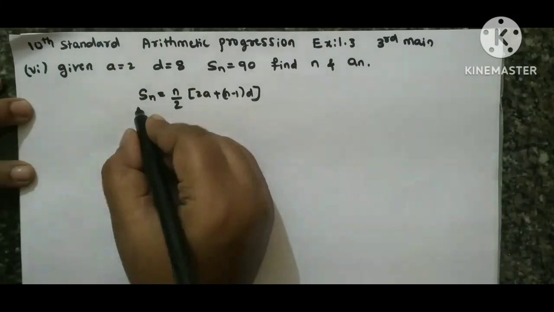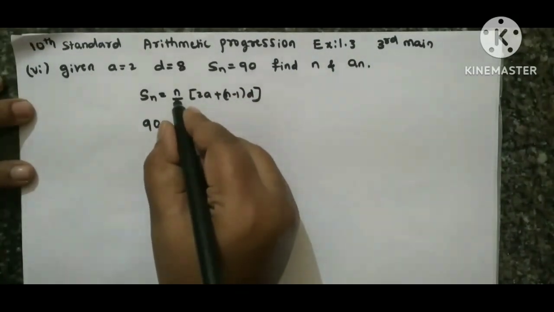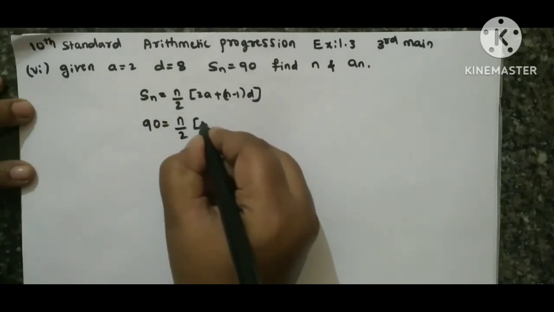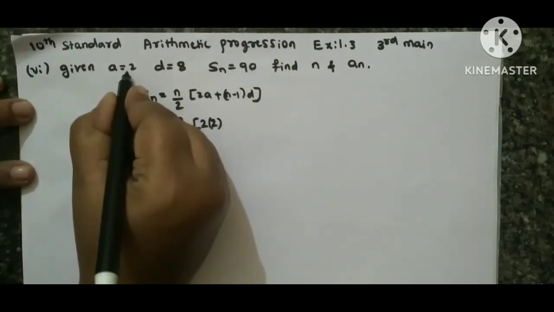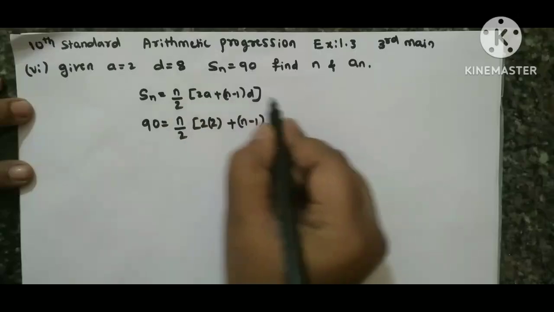Here the Sn value is 90, equal to n, we don't know, we need to find that. So n by 2 into 2, the a value is 2, we'll substitute that, plus n minus 1 into d, the d value is 8 here.